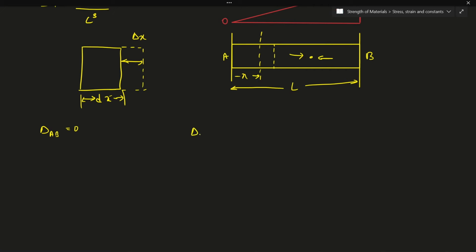Now delta x, the expansion of this element, what does that give me? That gives me the length, that is dx, into alpha into t. So I'm talking about the free extension of the element, so that is nothing but dx into alpha. I'll substitute for delta t, that is nothing but delta T B into x cube divided by L cube.